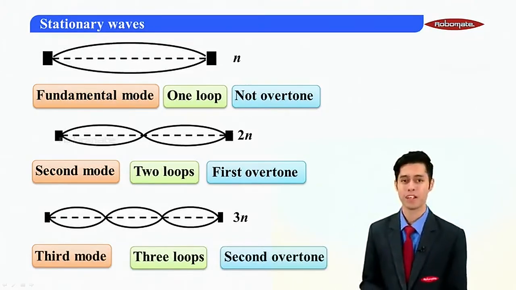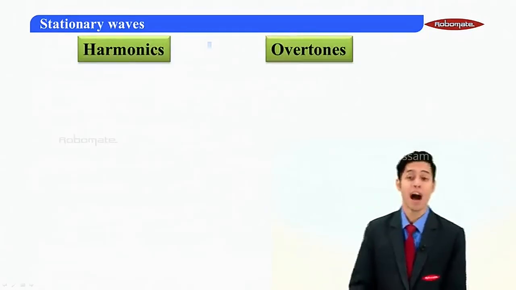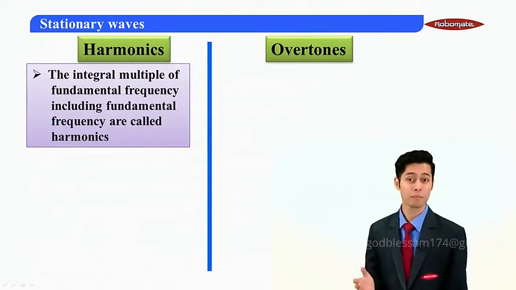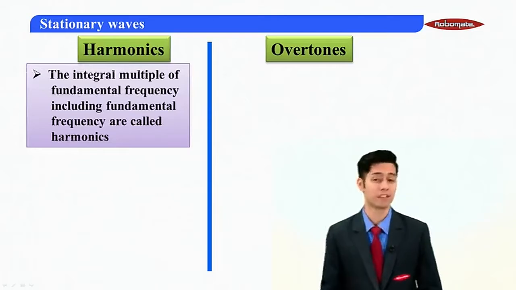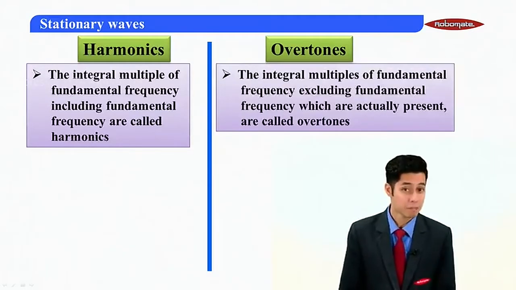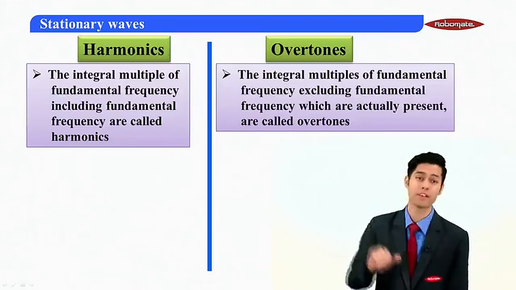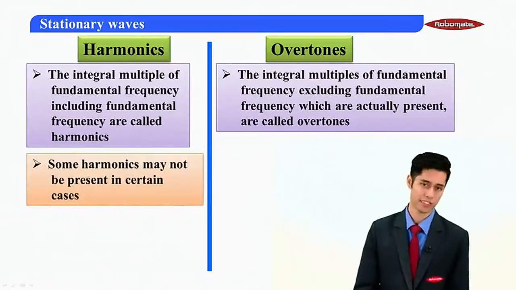So on the basis of this, we move ahead to the distinction between harmonics and overtones, which is very important. As we know, the very first point, the integral multiples of the fundamental frequency, including the fundamental frequency, are called harmonics. But the integral multiples of the fundamental frequency, excluding the fundamental frequency, which are actually present, are called overtones.